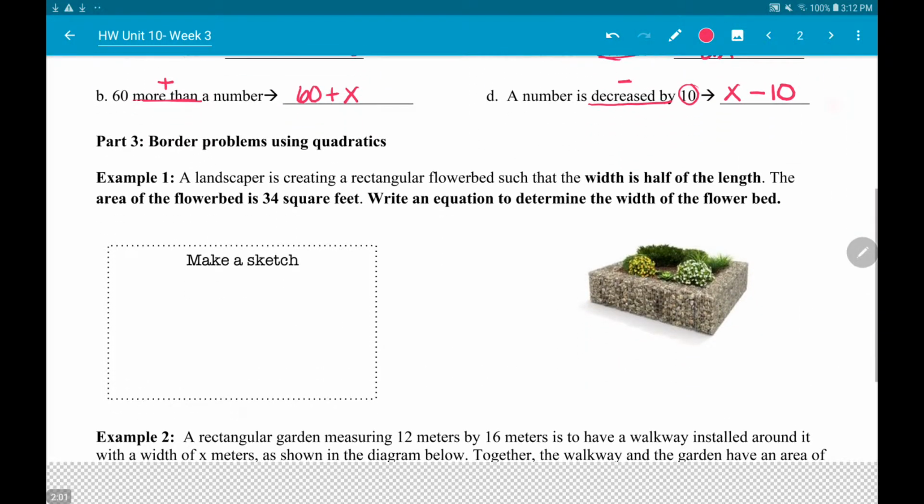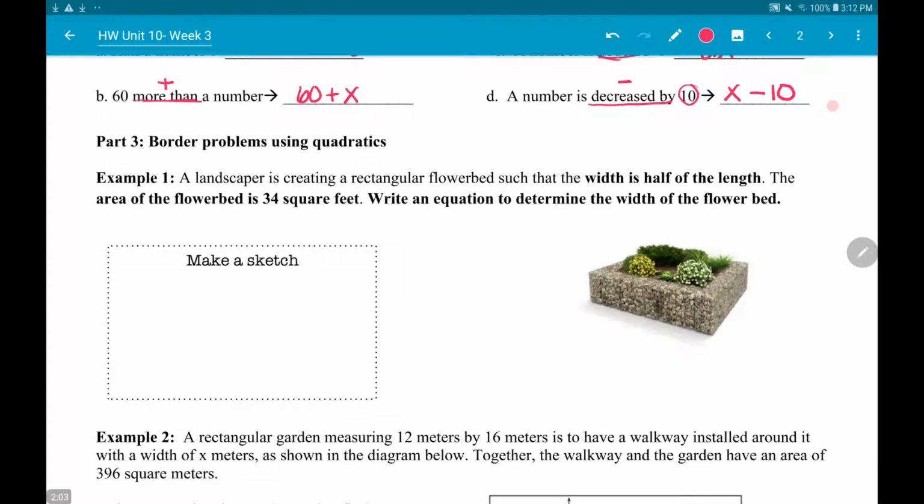All right, so let's get to our equations. A landscaper is creating a rectangular flower bed such that the width is half of the length. The area of the flower bed is 34, and we're supposed to write an equation. Whenever I see problems like this, I like to make a sketch.